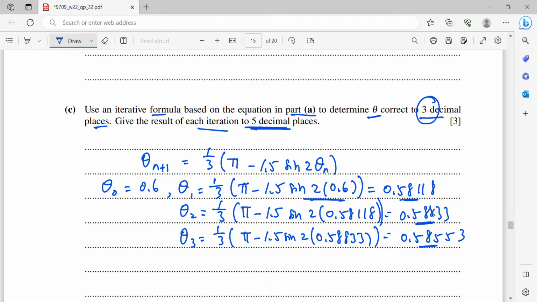Again, compare. The previous value is 0.588, but this theta 3 is 0.585. But when you refer to the next digit, which is 5, we round up to become 0.586. It's still different from the previous. So now we need to continue one more step. Use the same formula and replace theta by the previous value.